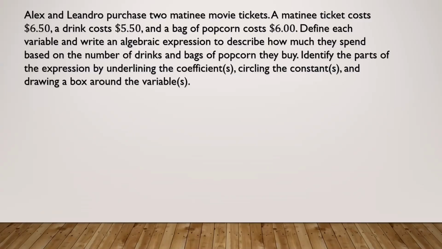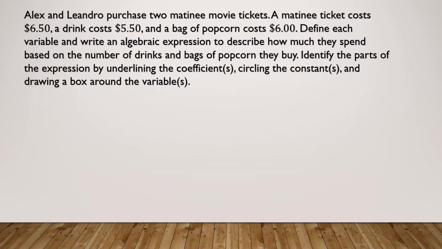Okay, so this next one is a little more detailed and it requires a little bit extra attention, I would say. Alex and Leandro purchased 2 matinee movie tickets. A matinee ticket costs $6.50, a drink costs $5.50, and a bag of popcorn costs $6.